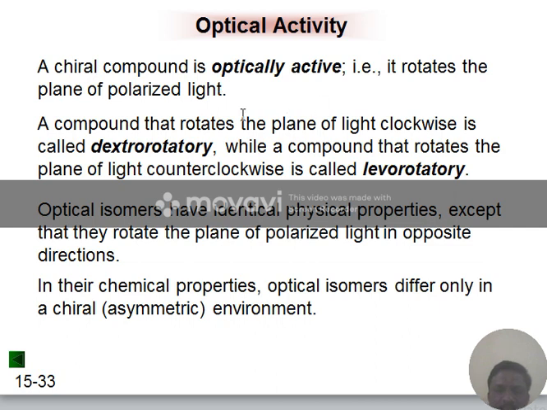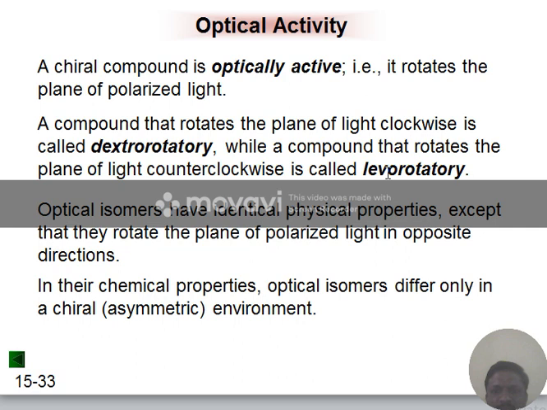A compound that rotates the plane of light clockwise is called dextrorotatory, while a compound that rotates the plane of light counterclockwise is called levorotatory. Keep in mind this basic difference between dextro and levorotatory. Both are optically active, but the direction of rotation is exactly opposite.